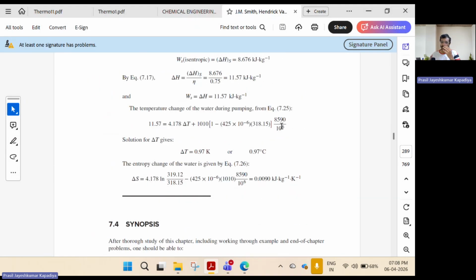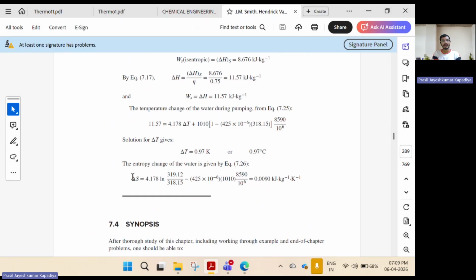So it is just unit conversion, so it is divided by 10 to the 6. If I substitute and find delta T, it is just 0.97 Kelvin or 0.97 degrees Celsius. So we anyway say that there is no temperature change.